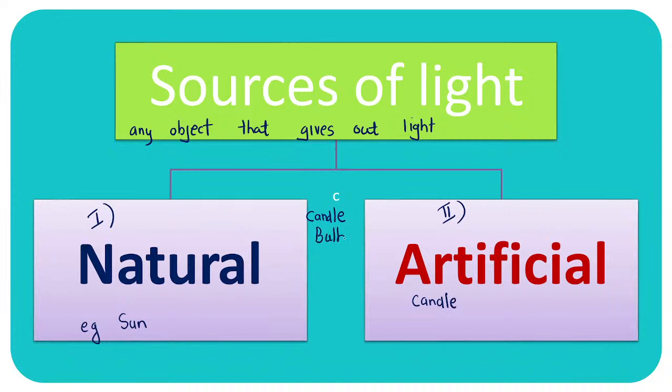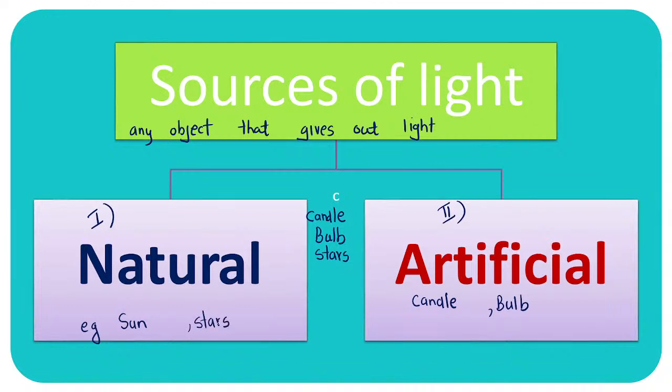Where are you going to place the bulb? Natural or artificial? Bulb will also be artificial source of light. What about stars? Where are you going to place stars? Stars will be natural source of light.